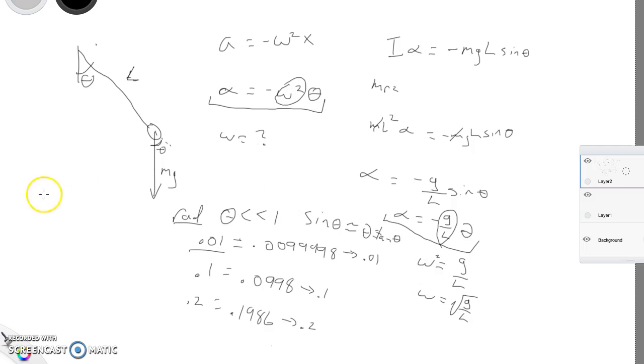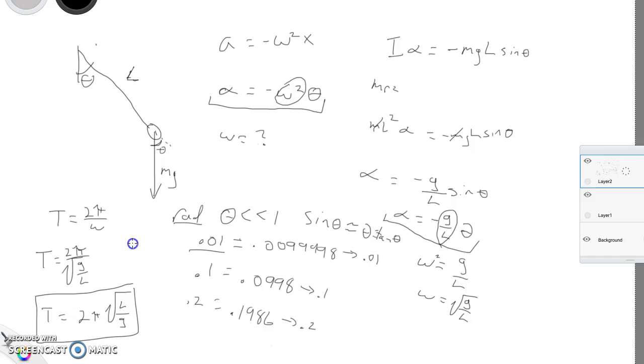And the reason we want to do that is because that's how we can connect it to the period, 2 pi over omega. So then the period of a pendulum would be equal to 2 pi over the square root of g over L, which can simplify to T equals 2 pi times the square root of L over g.